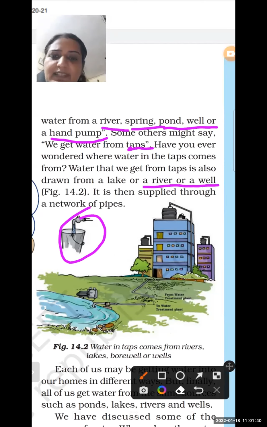Then it is supplied through a network of pipes. Firstly, it is drawn from the lake or river through a pipe, then it is supplied to our house through the network of pipes, and then it comes out from the tap.